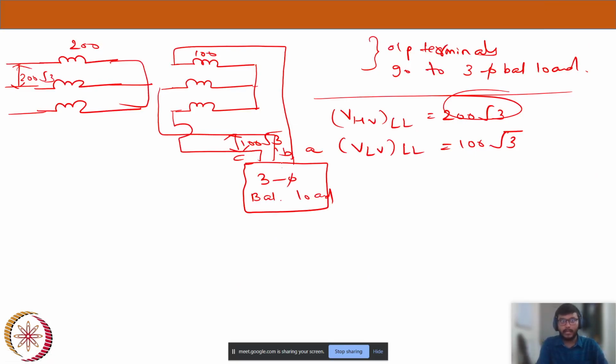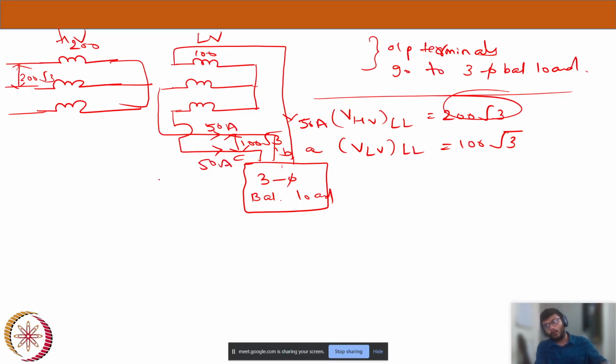Now coming to this side, so this is LV side and this is HV side. So the maximum amount of current that should flow in each line, because in the star connection, line current is equal to phase current. So my LV side 50 amps, 50 amps, 50 amps.